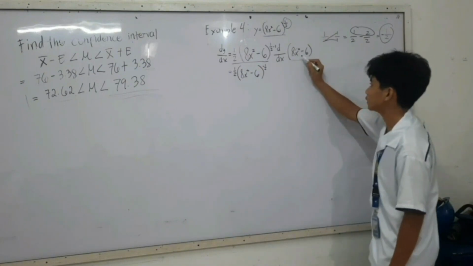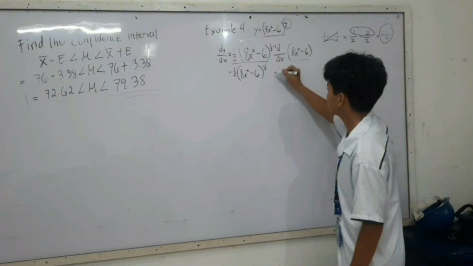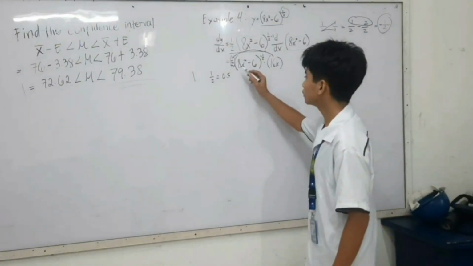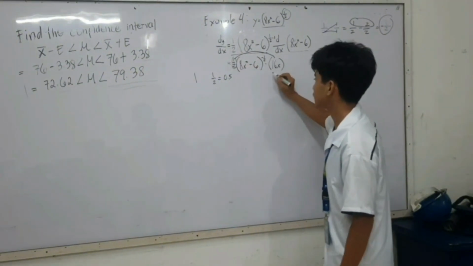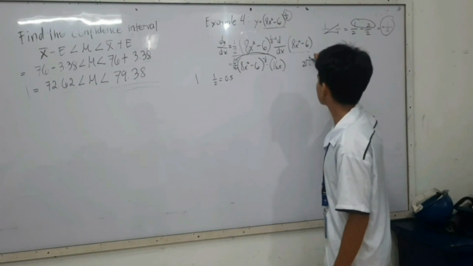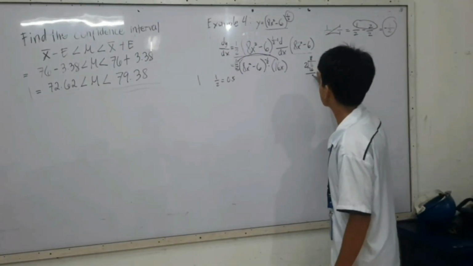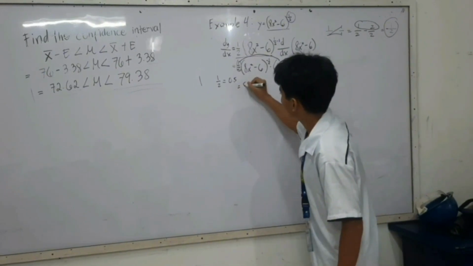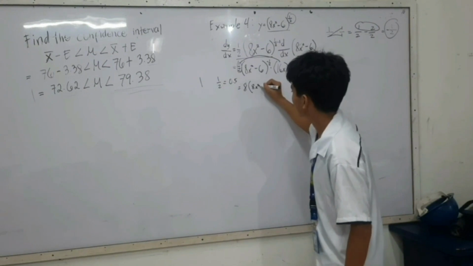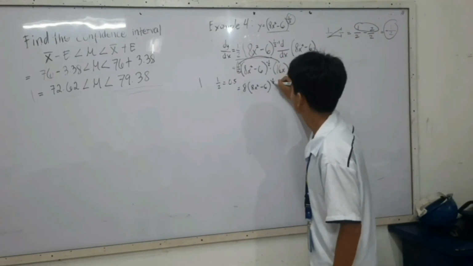And let's simplify this. The derivative of 8x squared minus 6 will become 2 times 8, 16x. We'll multiply 1 over 2 to 16x. 16 divided by 2 is 8. We'll just copy this, 8x squared minus 6, and also the negative 1 over 2.